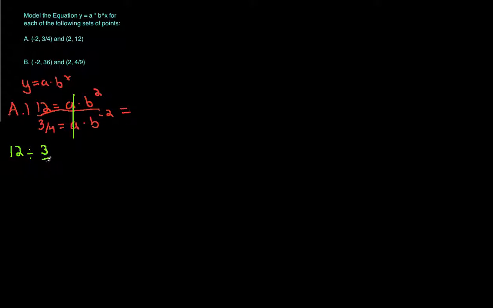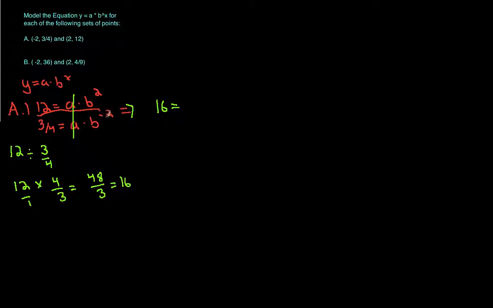When we're dividing by a fraction, we keep the first one, we change the sign, and then we flip. When we multiply fractions, we multiply straight across the top and straight across the bottom. So this would be 48/3, which simply reduces to 16. So this equation becomes 16 equals, the a's have canceled out, and when dividing exponents, I simply subtract.